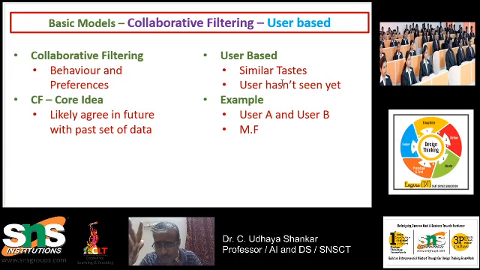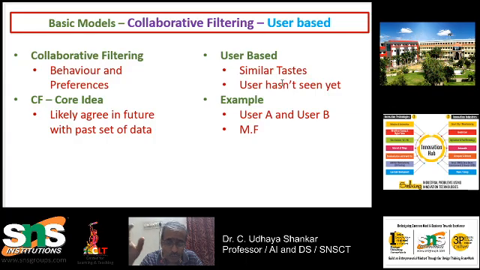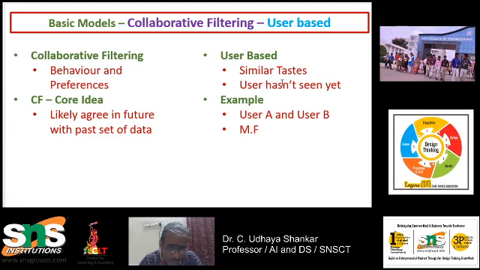If you are not clear, I will give you one example. If user A and user B both like the same movies, the system might recommend the movies that user A liked to user B. Hope you are clear with the concept. So this is called the user based collaborative filtering type of recommender system.